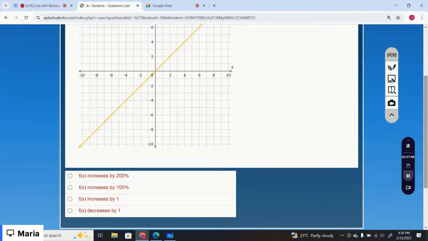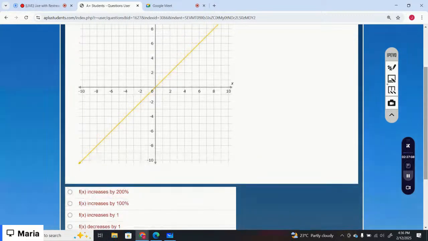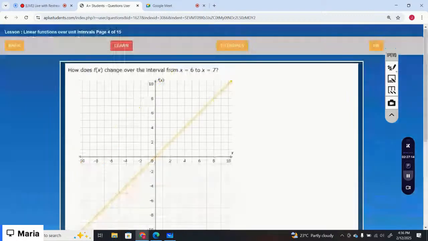The correct option is, I think, that is increasing by 1. Yes, the function f of x increases by 1. Option number 3 is the correct option.